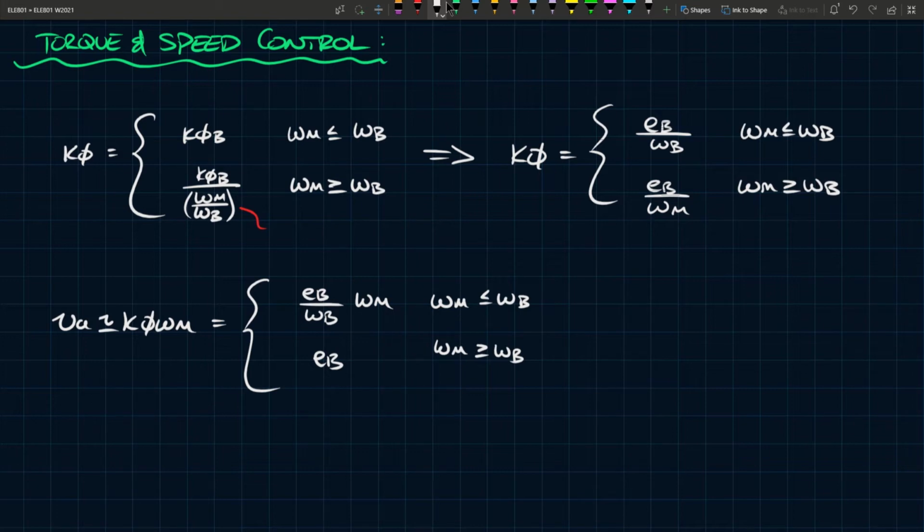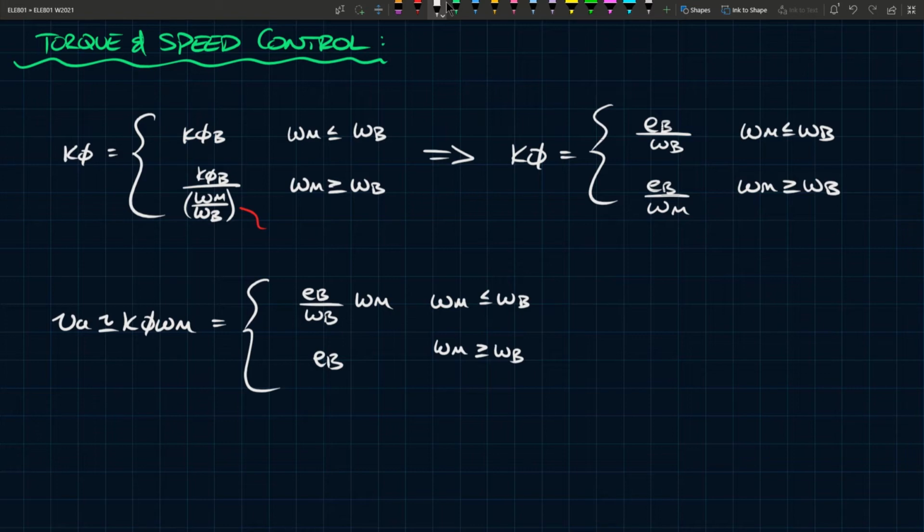So you see here that the rated EMF is EB. So it doesn't matter what you do. In the ideal case, if you increase your speed further, the EMF or the armature voltage is fixed at the rated EMF. Now this is good because you have power supply limitations in practice.